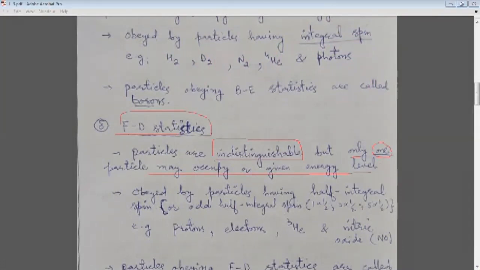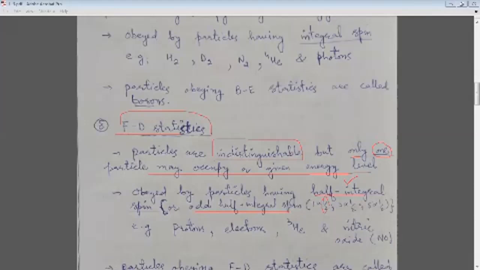This type of statistics is basically obeyed by particles having half integral spin, or you can say odd half integral spin. For example, 1 into 1 by 2, 3 into 1 by 2, and 5 into 1 by 2. So it is very simple.